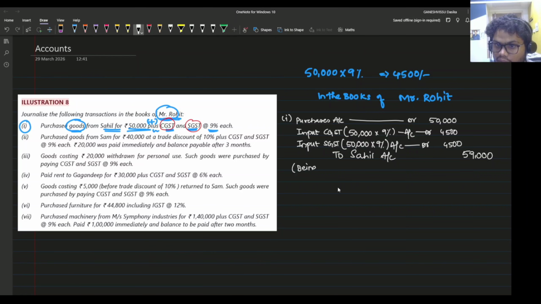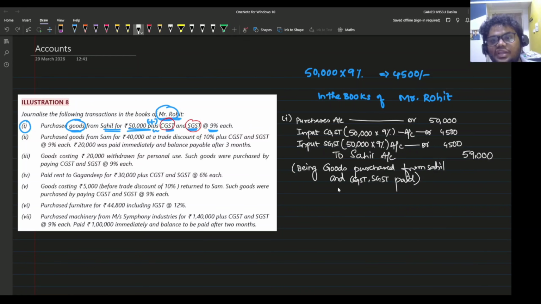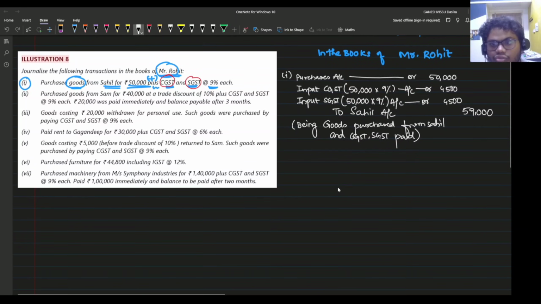Narration: being goods purchased from Sahil and CGST SGST paid. We can write the narration anything you like. So this is the first entry.